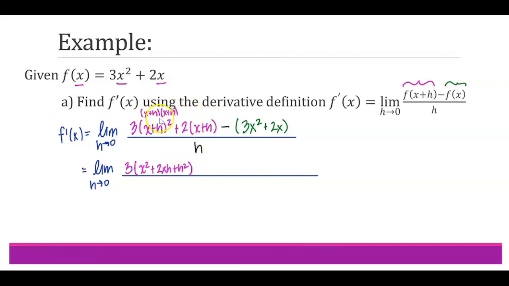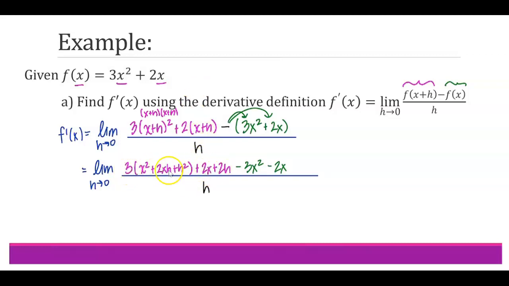This 2 will distribute in. This 3 will distribute in as well. But for now, let's just do the 2. So we have plus 2x plus 2h. And as I mentioned before, this minus is going to distribute here and here. So we're going to have minus 3x squared minus 2x all over h.